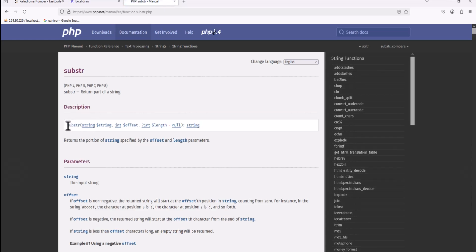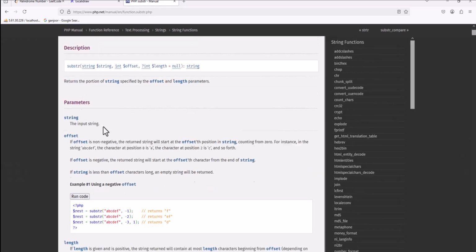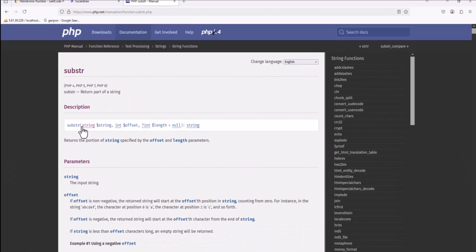Okay, we have the substr function, and the first parameter is a string, the second is the offset, and the third one is the length.